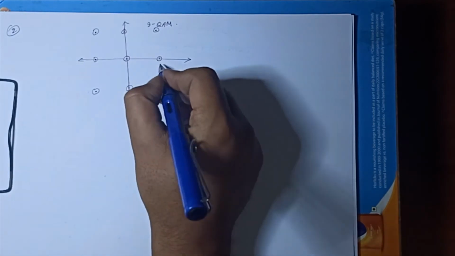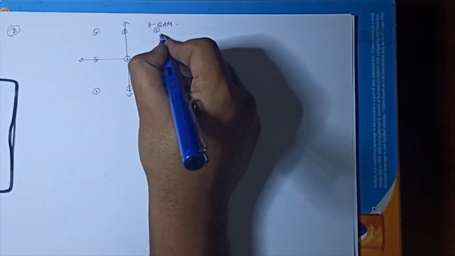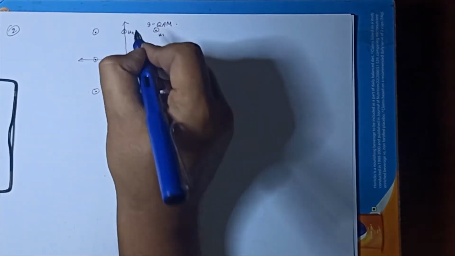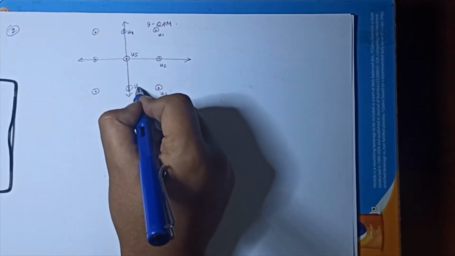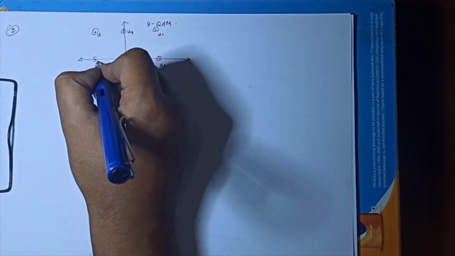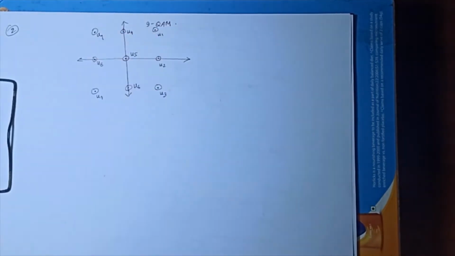Let us name them U1, U2, U3, U4, U5, U6, U7, U8, U9. So these are the 9 symbols.